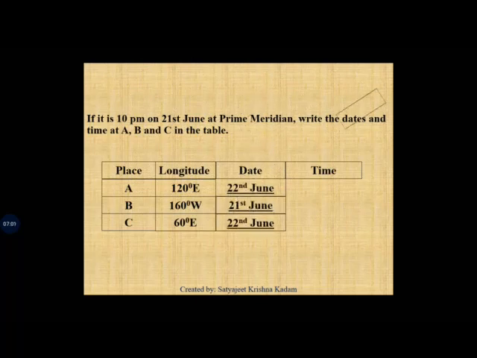In A, if the longitude is 120 degree east, the date would be 22nd June and the time would be 6 a.m. B, 160 degree west, the day will be 21st June, time 11:20 a.m. C, 60 degree east, the day will be 22nd June and the time 2 a.m.